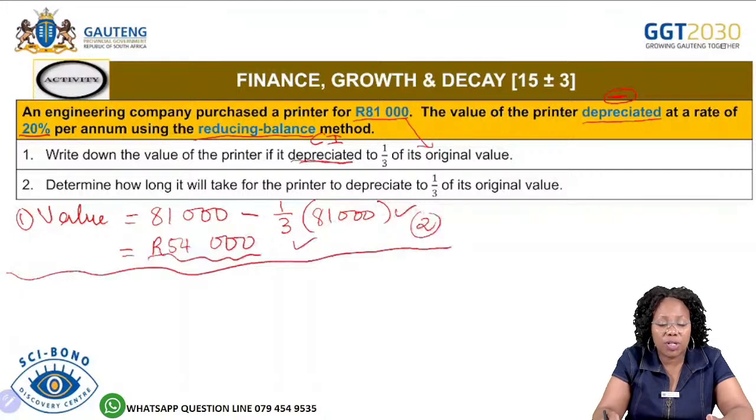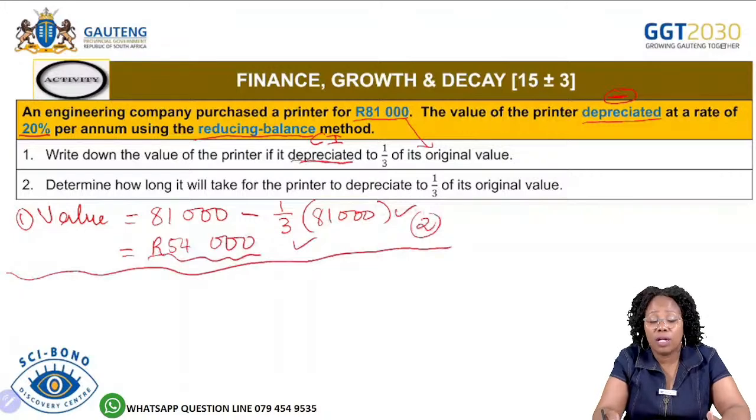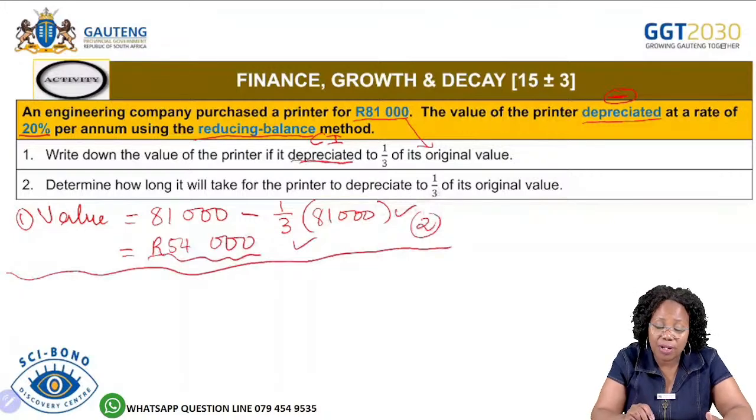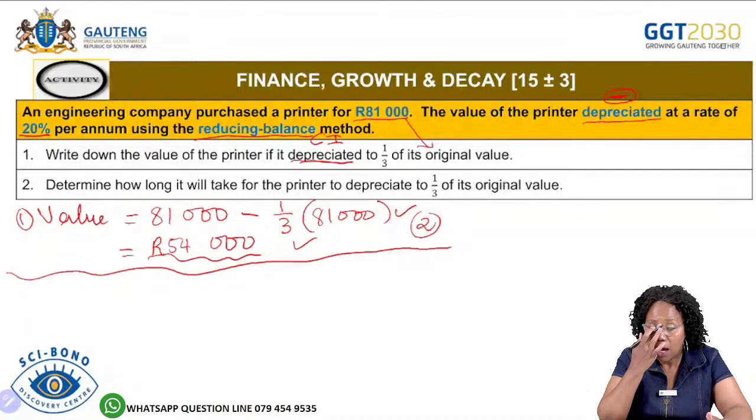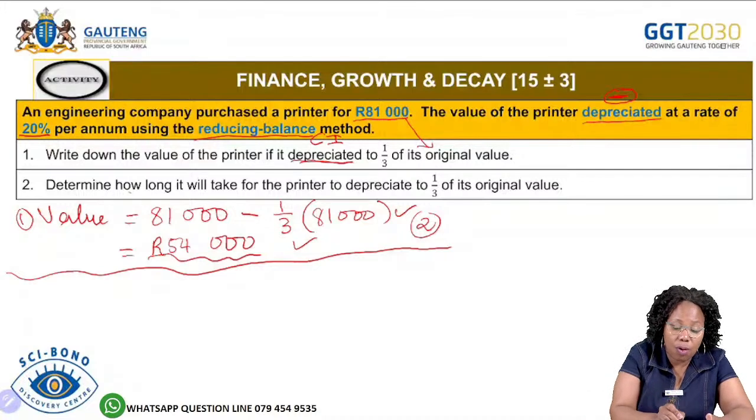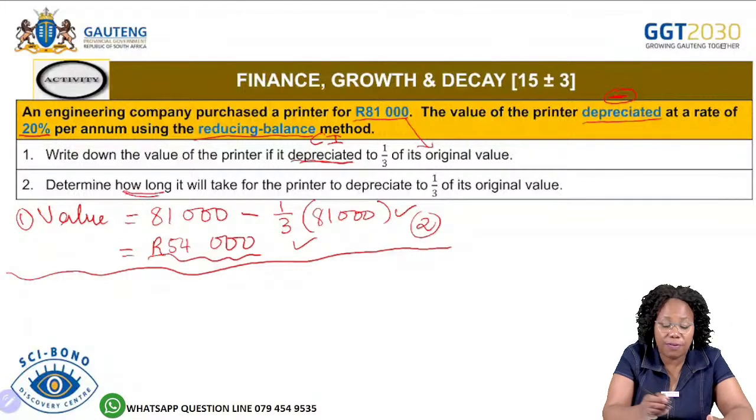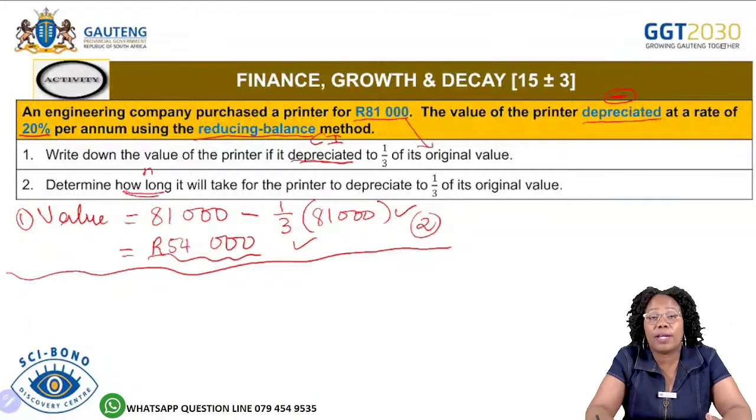And then question number 2, determine how long it will take for the printer to depreciate to 1/3 of its original. Okay, how long, that means you are looking for the value of n.